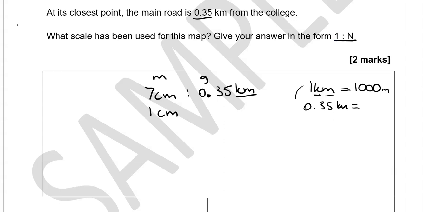Okay, so to get from 1 to 0.35, we multiply by 0.35 because any number multiplied by 1 gives the number itself. So we'll do the same on the other side, which is going to give us 350. And it does sound right because if 1 kilometer is equal to 1,000, 0.35 kilometers will be equal to less. So that is 350 meters.